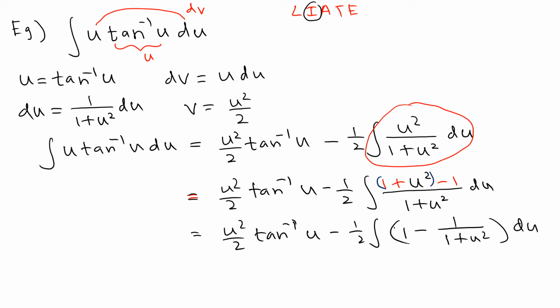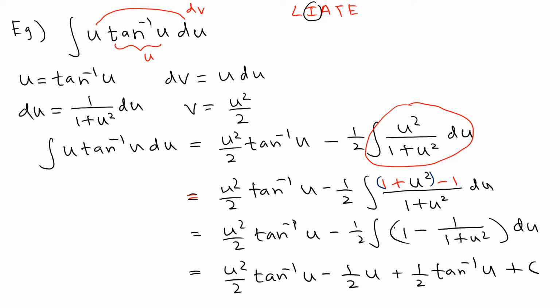And then you can see this is very easy to integrate now. That means your answer is u squared over 2 tan inverse u minus 1/2 u, and then negative negative becomes positive, 1/2 tan inverse u plus c. You can also combine these two if you want. So that's the answer for that one. And remember the algebra trick we used: you add and subtract 1, because this is equal to 0, so you can do that.